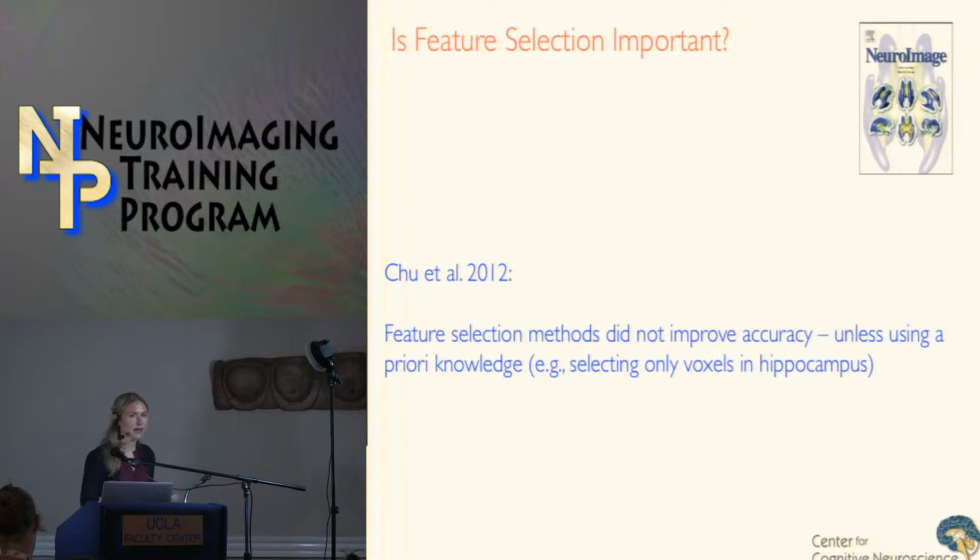And he tried out t-test filtering as well as support vector machine recursive feature elimination, so wrapping a support vector machine within that iterative loop that I spoke about. And he came to the conclusion that feature selection methods actually didn't improve accuracy unless you were using some sort of a priori knowledge, like say using just the voxels in the hippocampus or something along these lines for trying to predict Alzheimer's disease or not.